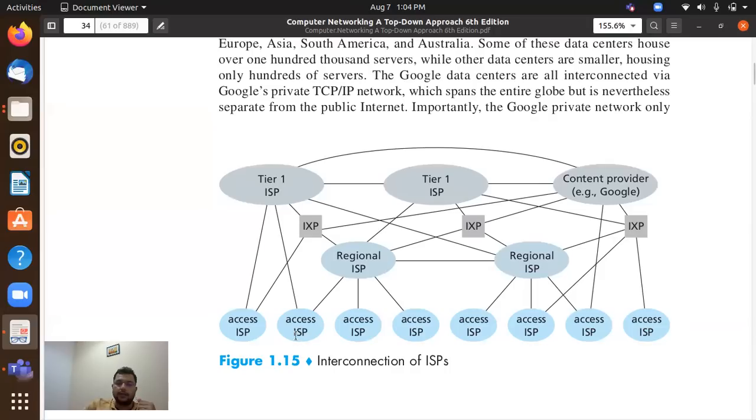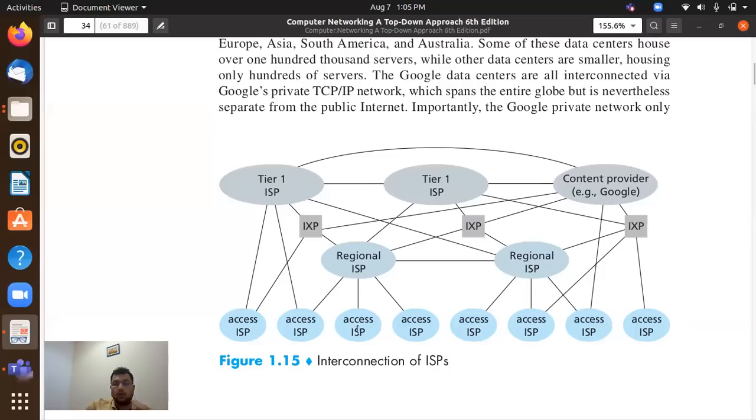And under these access internet service providers, enterprises are connected to them, institutes are connected to them, individuals are connected to them, and in this way this whole setup is there.